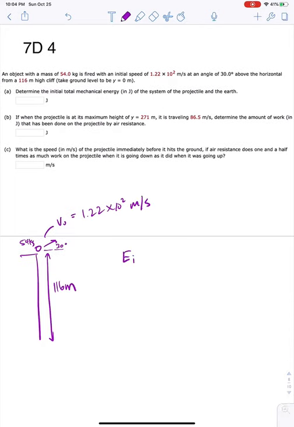So our total initial energy is our kinetic energy plus our potential energy, which is 1/2 mv squared plus mgh.